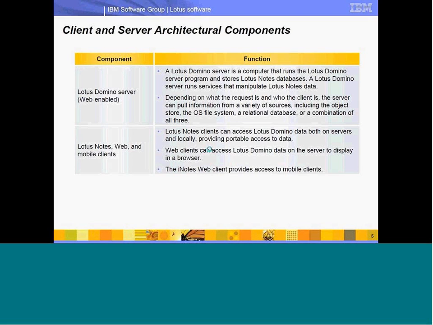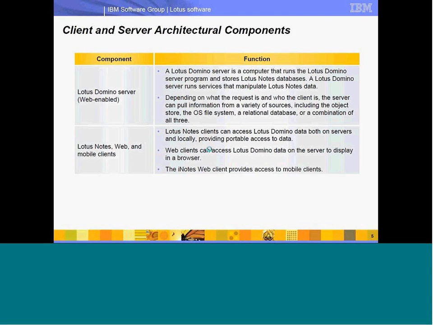A server runs services that manipulate the Lotus Notes data. This is called server functionality. Depending on what the request is and who the client is, the server can pull information from a variety of sources: the object store and the operating file system, or a relational database, or a combination of all these three. This is your Domino server.